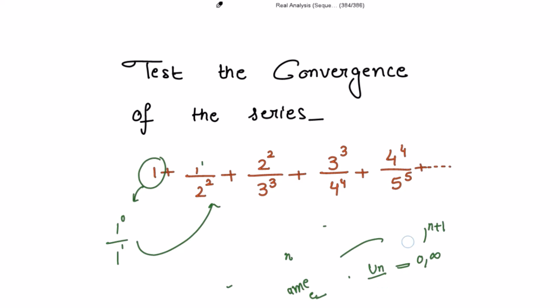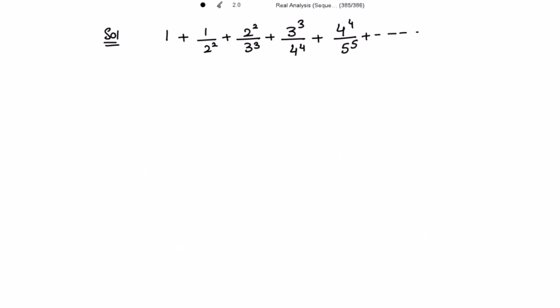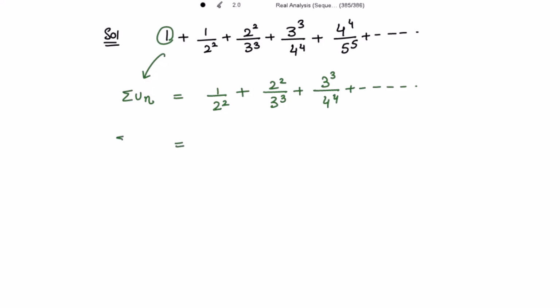So let's start with the solution. Now this is your given series. If this given series is denoted by summation un, then summation un is equal to the summation of n to the power n divided by n plus 1 to the power n plus 1. So un is n to the power n divided by n plus 1 to the power n plus 1.